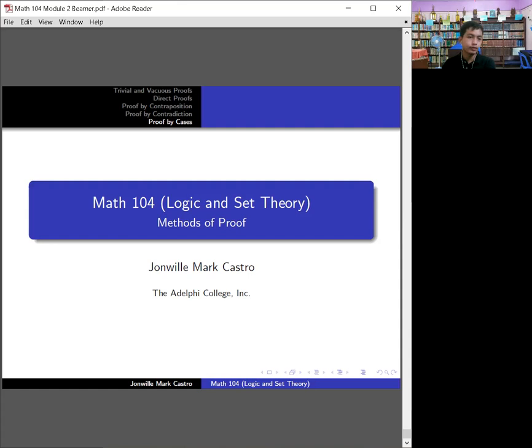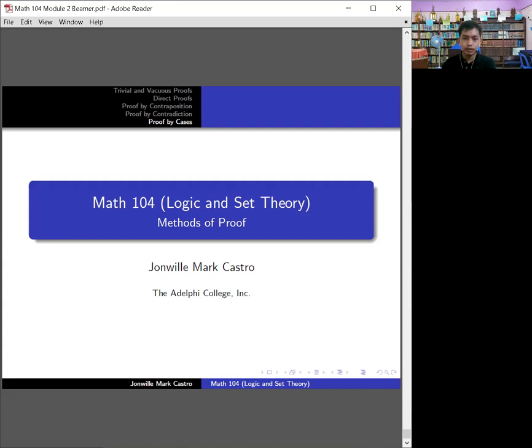So, direct proof, assume P, show Q. Si proof by contraposition, assume not Q, show not P. Si proof by contradiction, assume P and not Q, need to show contradiction.